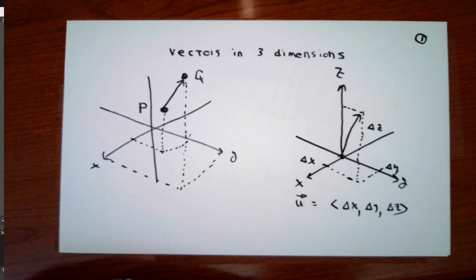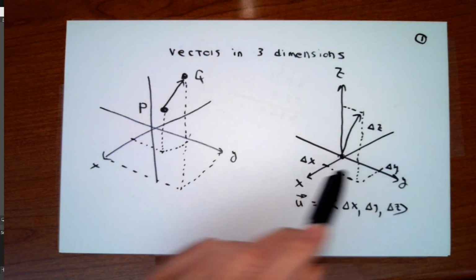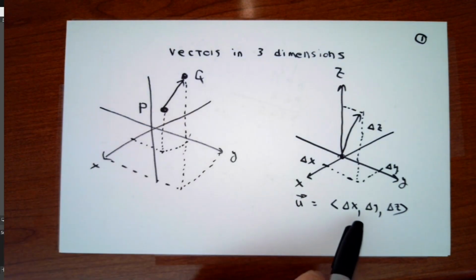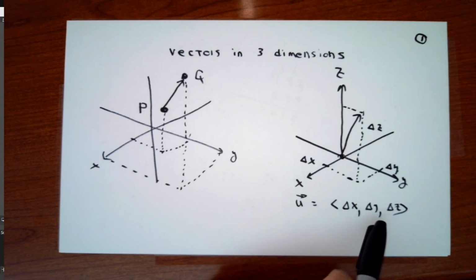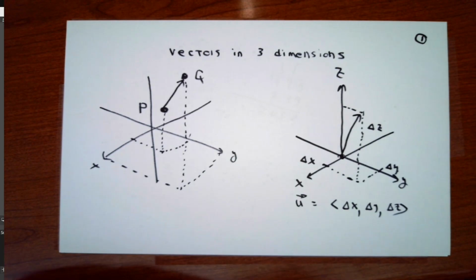I can write vector u in this case, which is equivalent to vector PQ, as end minus starting x coordinate, end minus starting y coordinate, end minus starting z coordinate. This is exactly the same thing that went on in 2 dimensions.